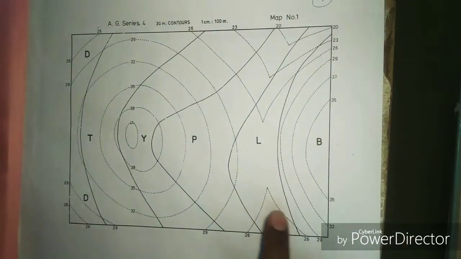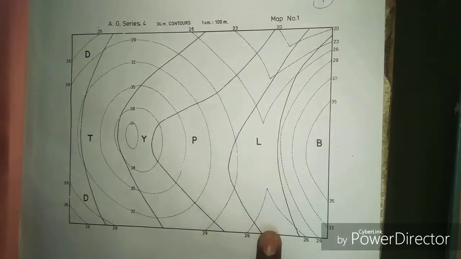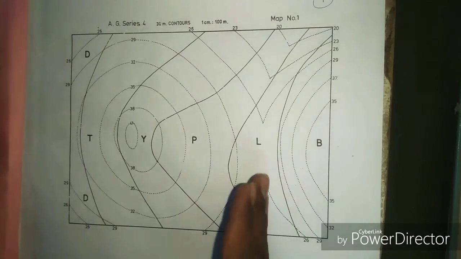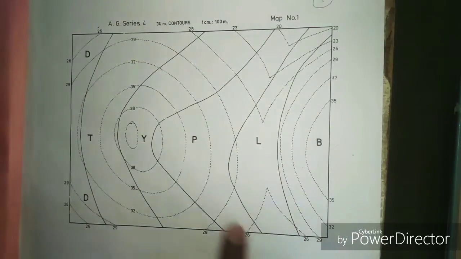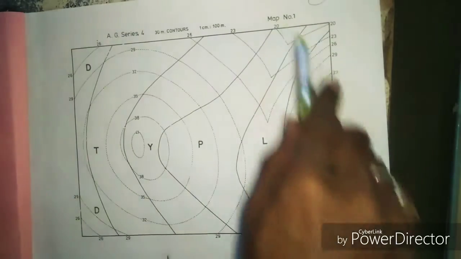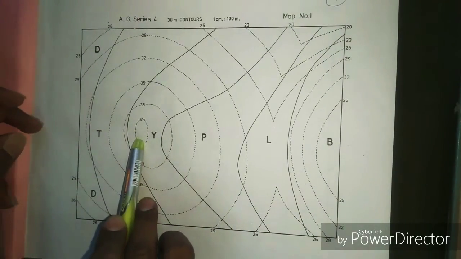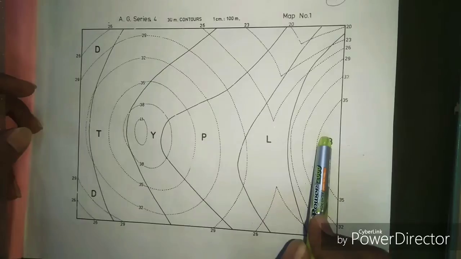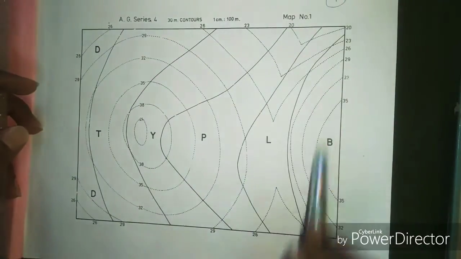If a map contains two valleys running opposite to each other, then that portion is known as a saddle. So geographically this map contains an isolated hill, a half portion of an isolated hill, valley number 1, valley number 2 and a saddle.